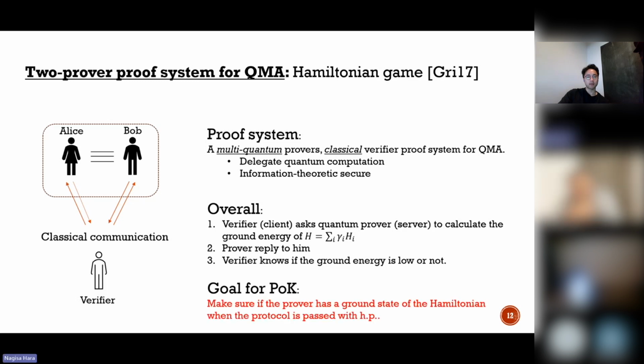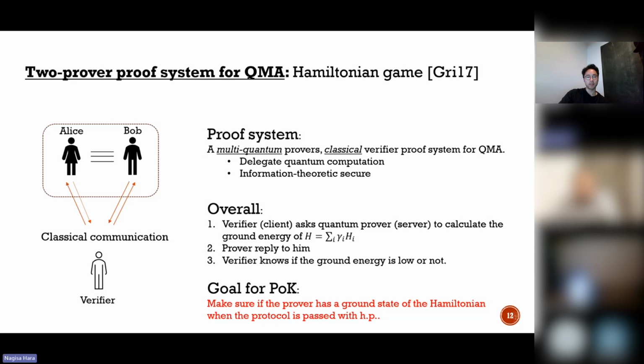Our goal for PoK in this proof system is that when the prover succeeds in this protocol with some high probability, we want to make sure that the prover actually possesses the ground state of the Hamiltonian. The point is that in this proof system, even if the prover is honest, such an honest strategy is not known to be the optimal strategy, in the sense that the honest strategy might not achieve the optimal acceptance probability.